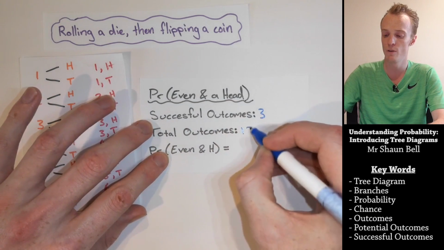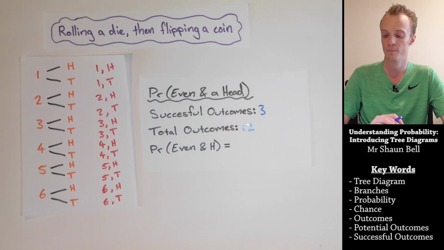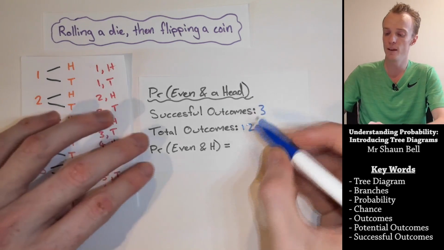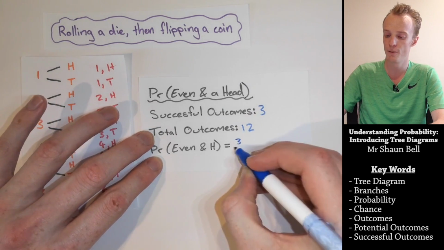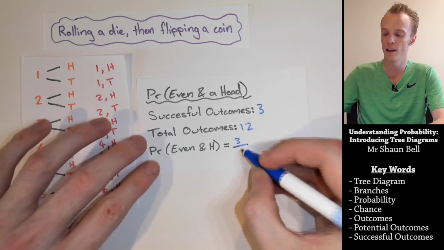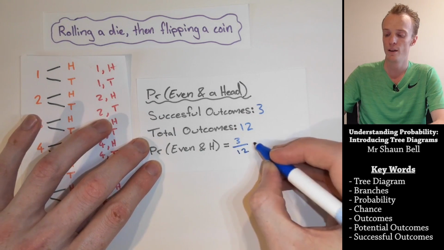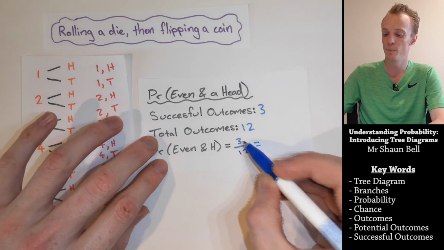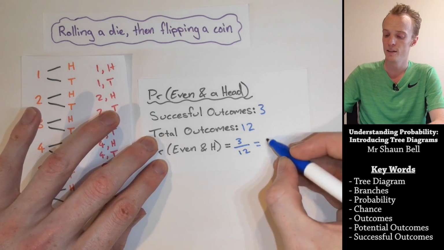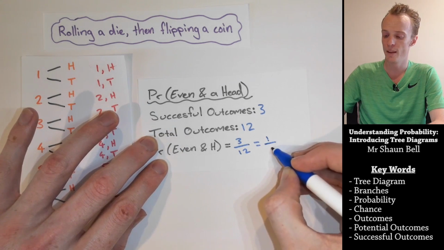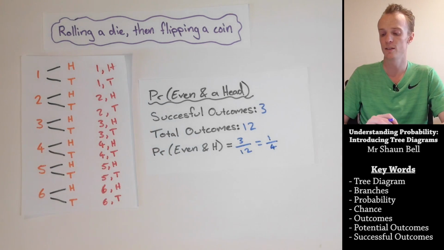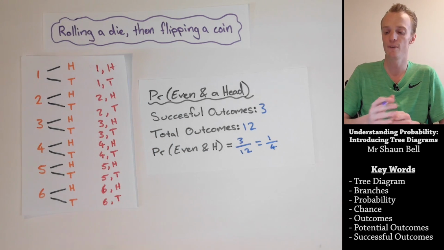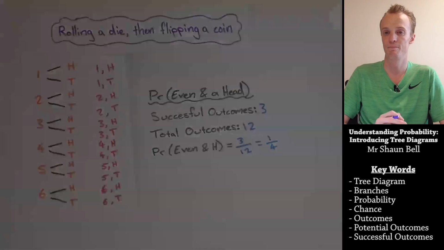So we have 12 total outcomes. The probability of getting an even and a head is going to be the successful outcomes of 3 divided by the total outcomes of 12. Now, I need to simplify this by dividing both the top and bottom by 3, so that will become a 1 in 4 chance of rolling an even number and a head.